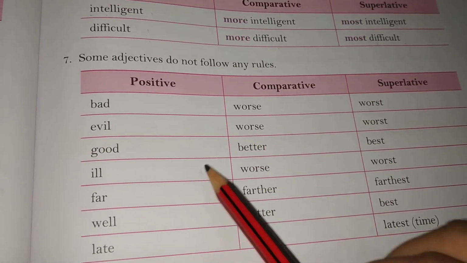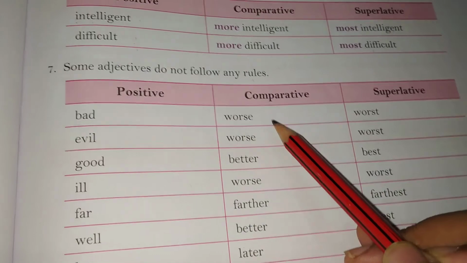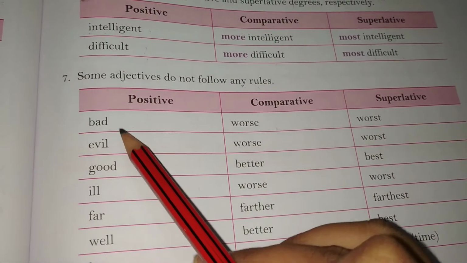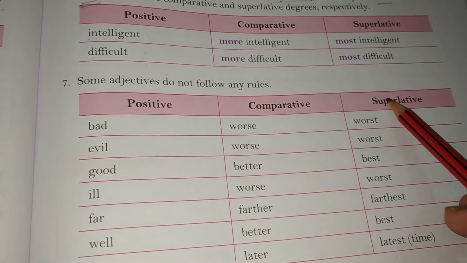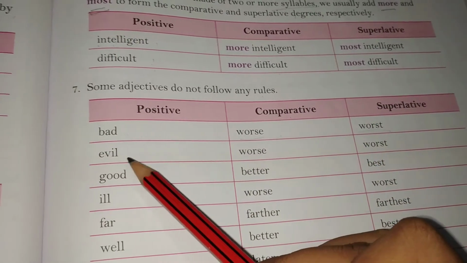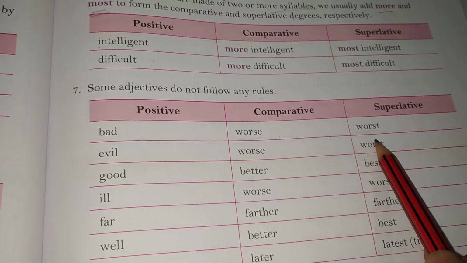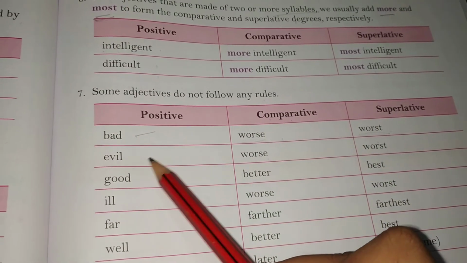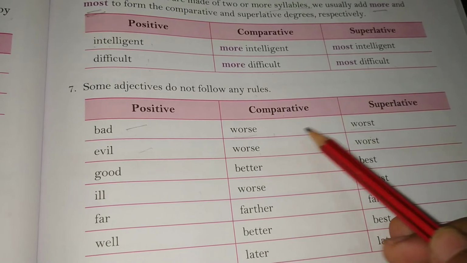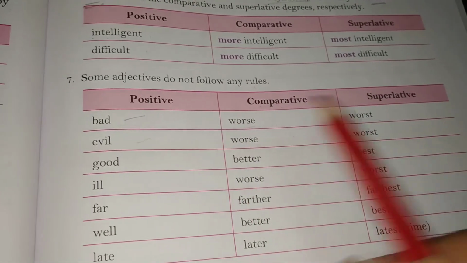You have to learn these words, like bad, worse, worst. As you can see here, bad is the positive, comparative is worse and superlative is worst. Like evil, worse and worst. Bad and evil have the same comparative and superlative degrees.